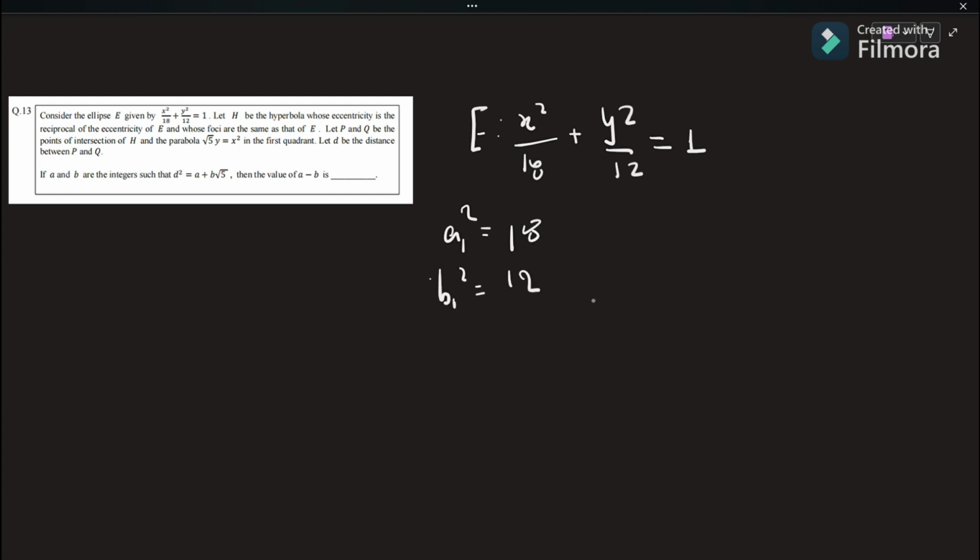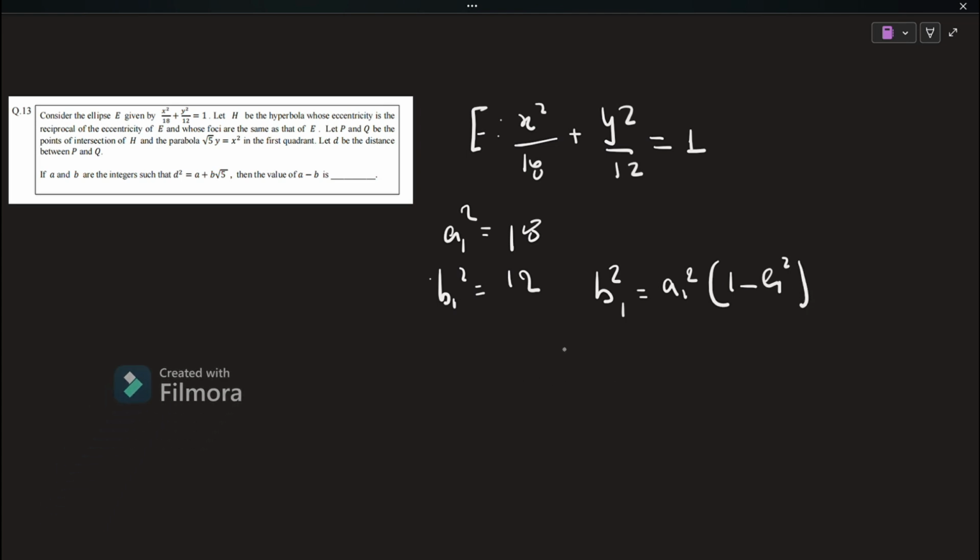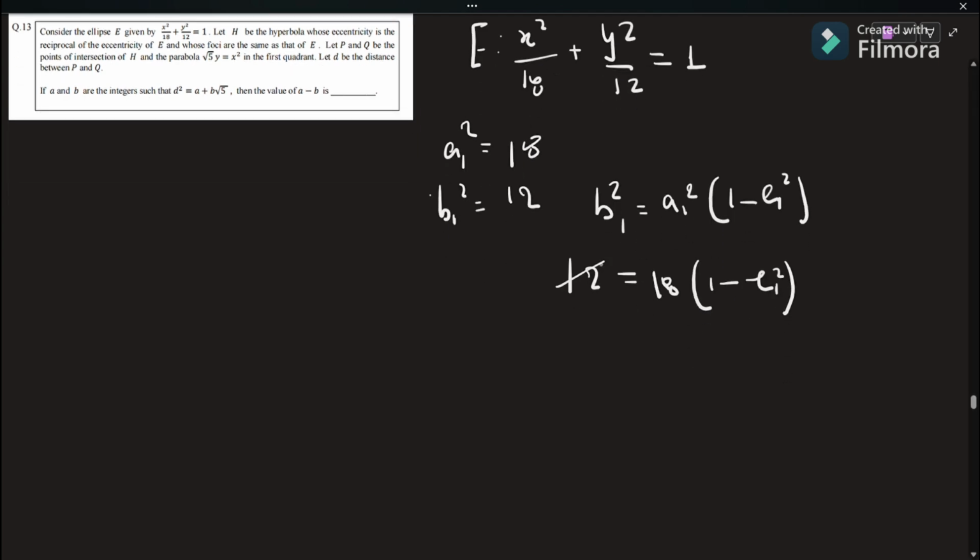For the ellipse, the formula is b1 square equals a1 square into (1 minus e1 square). So 12 equals 18 into (1 minus e1 square). Cancelling 6, we get 2 by 3, so e1 comes to 1 by root 3.